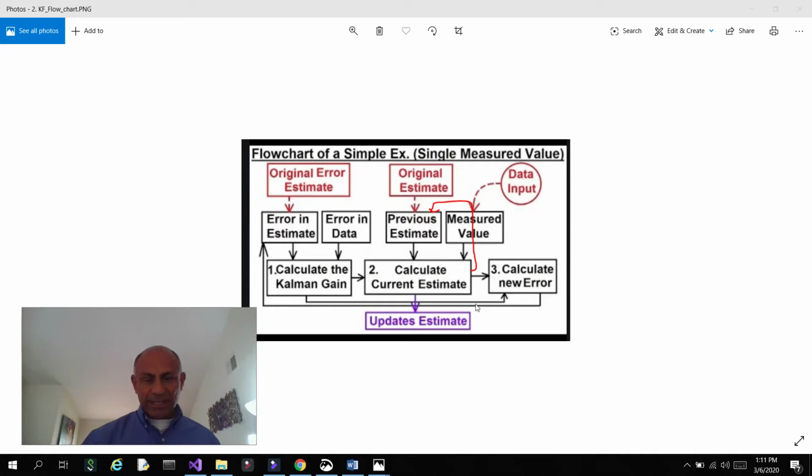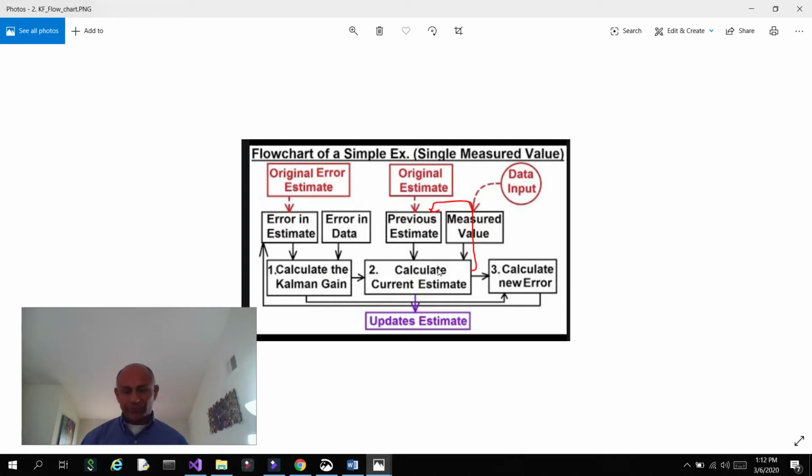Then we update the estimate and calculate the new error. We feed it back over here to calculate the Kalman gain. This current estimate gets fed back to the previous estimate. So it's an iterative process. It's an iterative set of mathematical equations which uses prediction and update in a sort of loop. That's how it converges to the actual ground truth value.